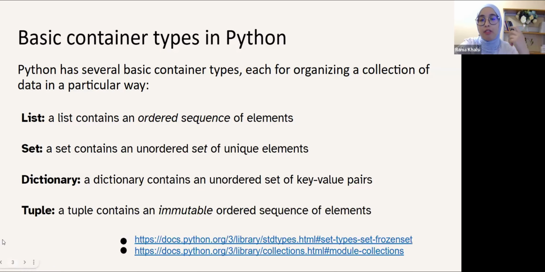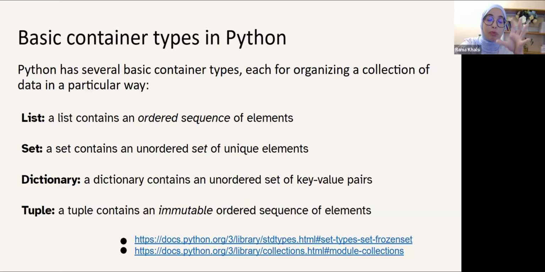Probably there are other containers, and we can find them available in the following links. So in Python, you can download, you can install, and you can work with entire libraries that you just need to include in your environment.